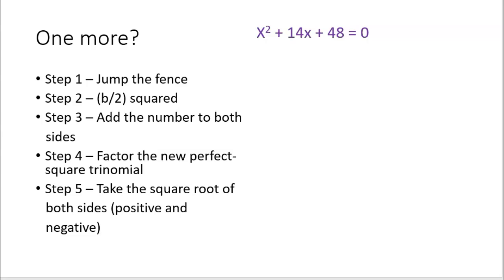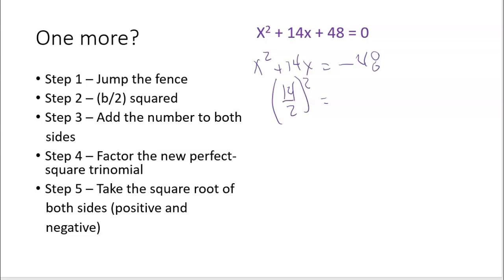Let's try one more just to make sure we know what we're doing here, okay? Step 1, jump the fence with C. We got x squared plus 14x equals negative 48. Now we're going to do step 2, b divided by 2 squared. So we got 14 divided by 2 squared.